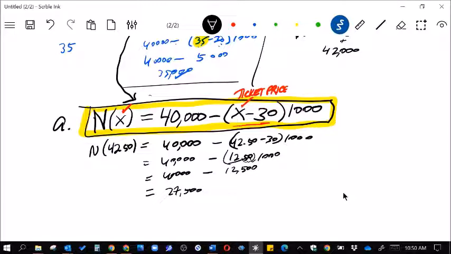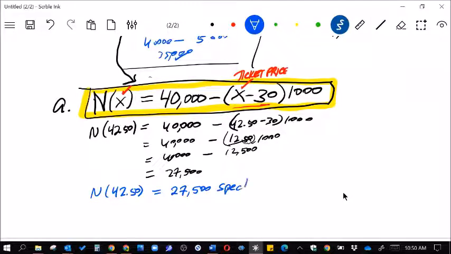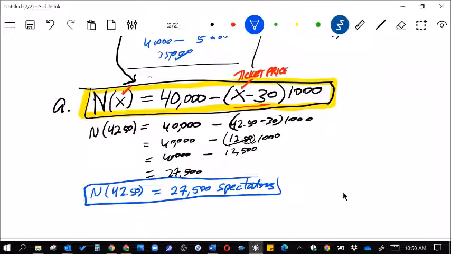Unless, of course, it's some big special game that's coming and more people will pay, but for the most part, most of the time, fewer people will come because they don't want to pay extra money. So I'm going to write this one out as N at 42.50 equal to 27,500 spectators. That's B.